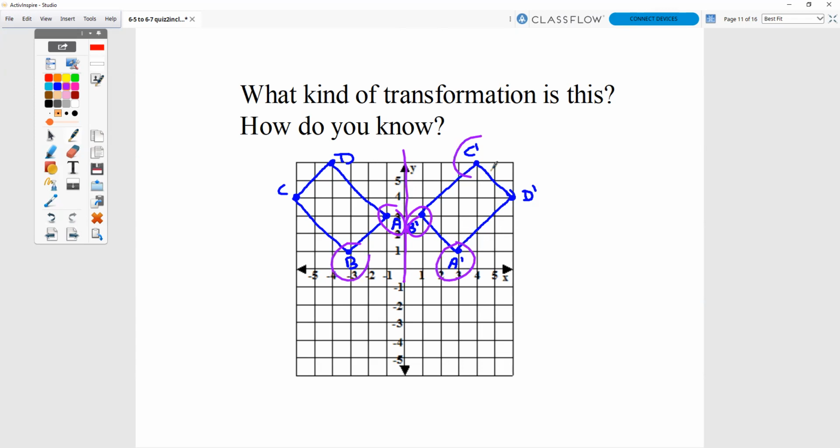The letters don't match up. Same thing with up here and over here. The letters don't match up. Remember, it's not just the shape that has to match up. The letters have to match up also. What's actually happening here is it is turning, and it would be a 90 degrees clockwise rotation.